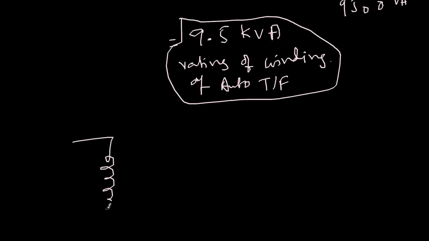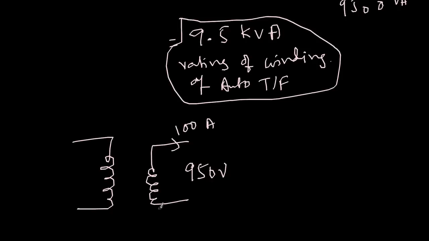Compare it with the two winding transformer. If you had a two winding transformer, with 950 volts and 100 amperes, this winding itself will be 95 kVA rating because it is handling 950 volts at 100 amperes. What about the other winding?